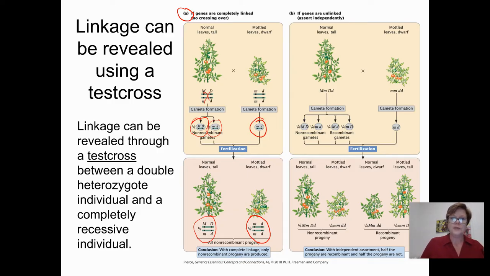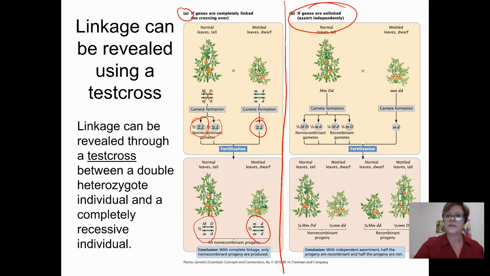All right. Now, this is compared to what's over here, if the genes are unlinked. So this is what Mendel would have gotten, if he had done this test cross, because all the genes that he dealt with were unlinked. If M and D were not on the same chromosome, that's what they're saying here, then you would expect to get equal amounts of all four gamete types.